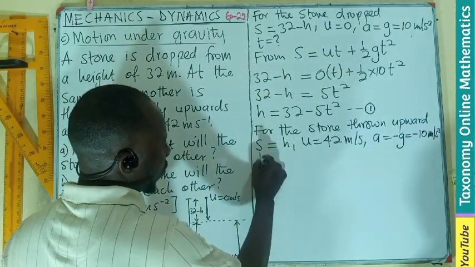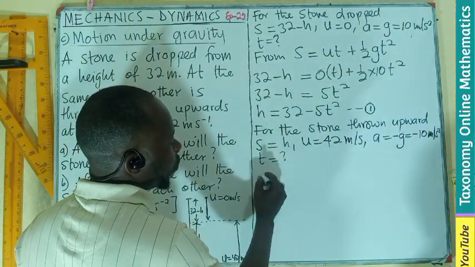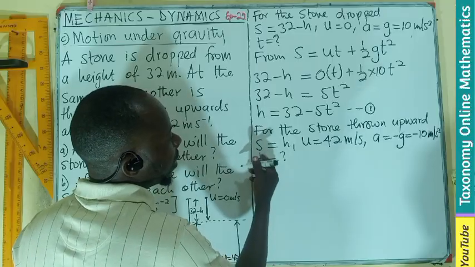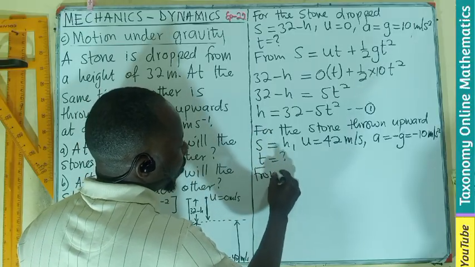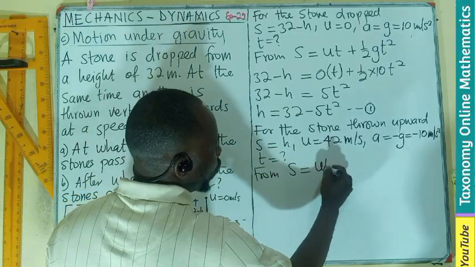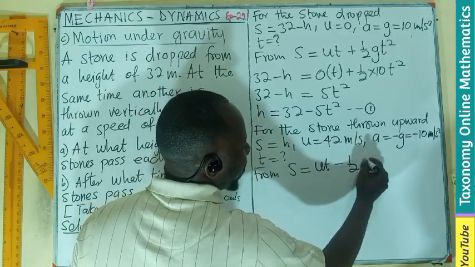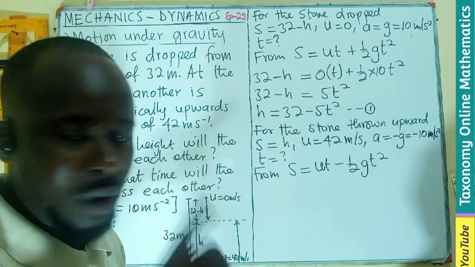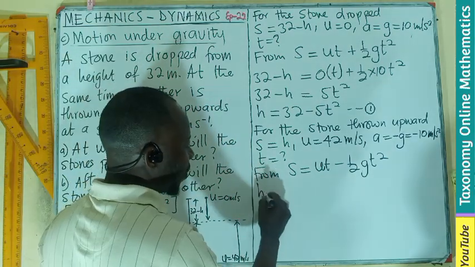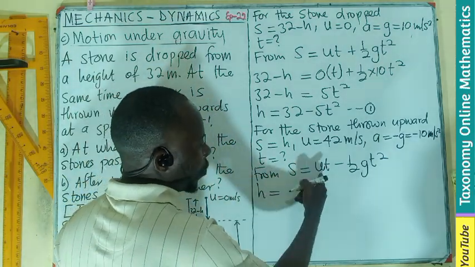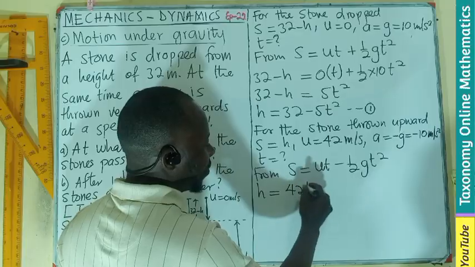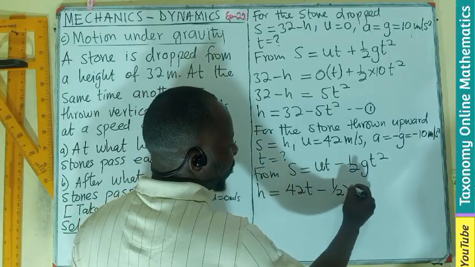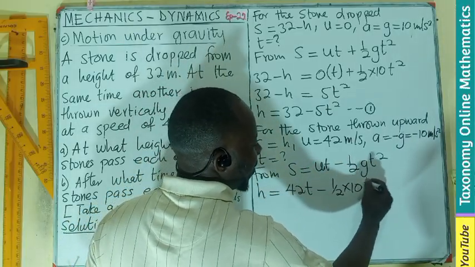I think here time is also unknown. So let's move by substitution. From s equals ut minus half gt squared, negative because we are talking about upward movement, h will be equal to u, 42 times t, minus half of 10, then t squared.